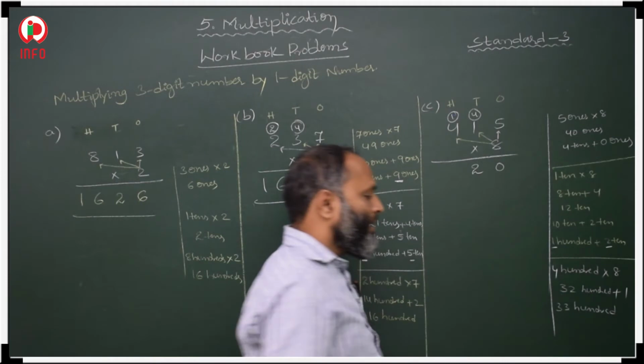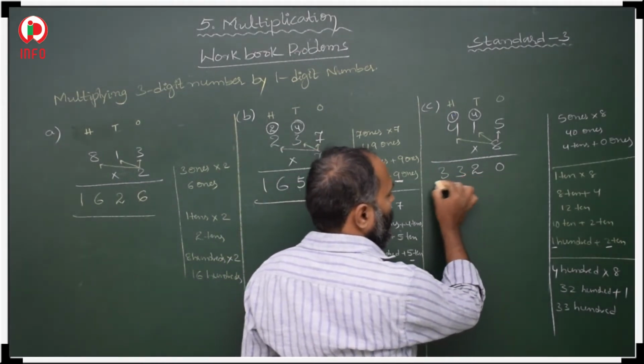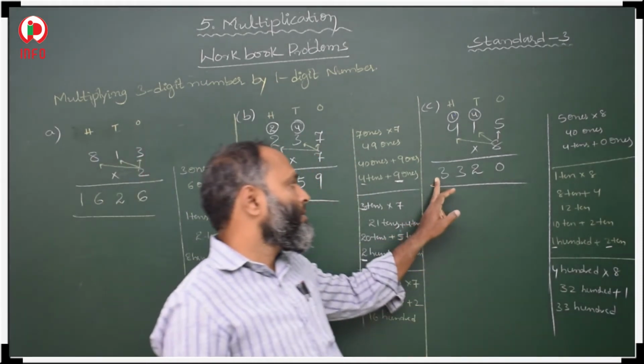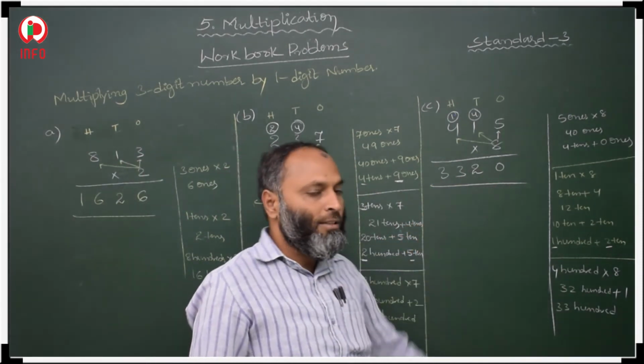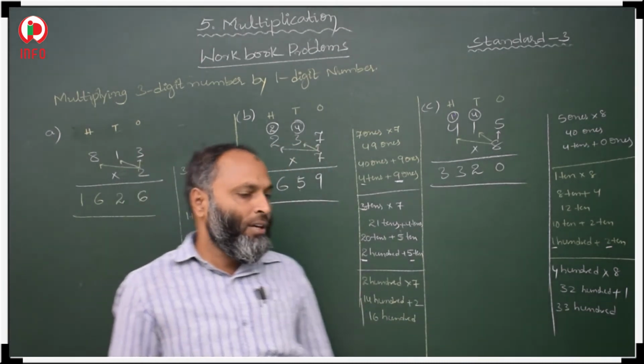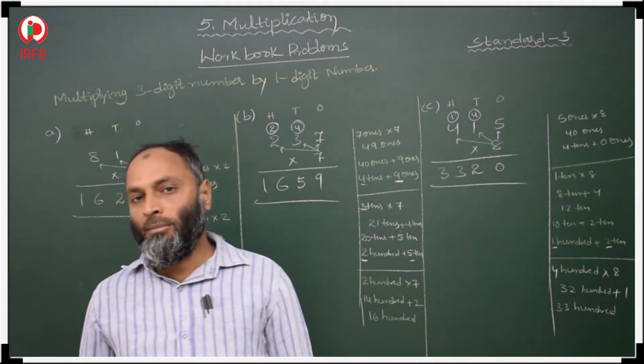So this hundreds place is our last place. So 33 complete we have to write here. So 3300, 3320 is our product. So in this there were 3 more questions for your practice. Those 3 questions you do as your home assignment. Okay?